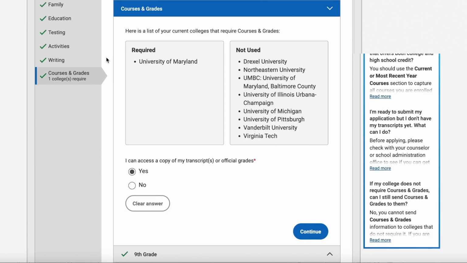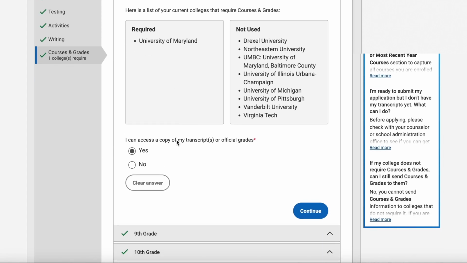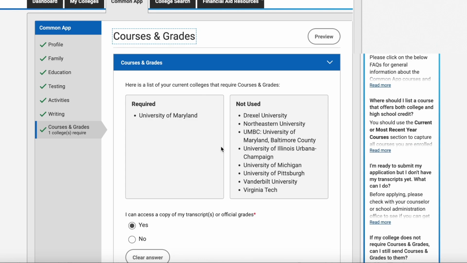All right, so now the last part is courses and grades. Here it's just going to tell you which colleges require the courses and grades and which do not. What this means is, through Common App, for all of these colleges, I had to somehow submit my grades.